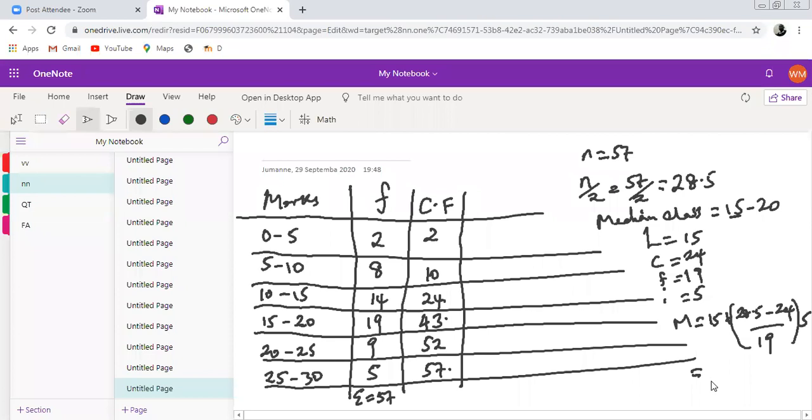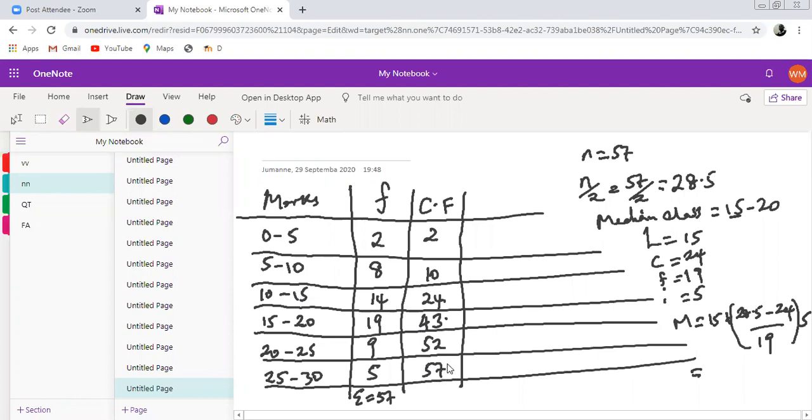That is how we calculate the median from the grouped data. The key thing is for you to know how to locate the median class, then your problems are sorted. It is just a matter of having the cumulative frequency. The last value here is your n.